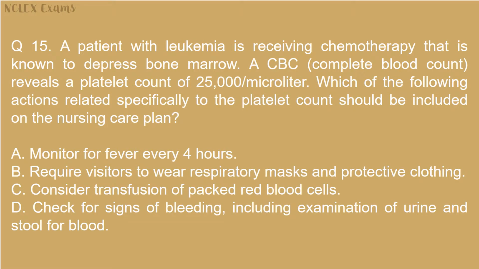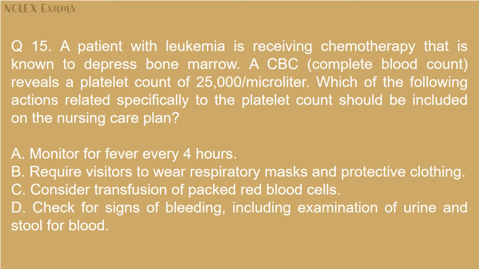Question 15. A patient with leukemia is receiving chemotherapy that is known to depress bone marrow. A CBC (complete blood count) reveals a platelet count of 25,000 per microliter. Which of the following actions related specifically to the platelet count should be included on the nursing care plan?